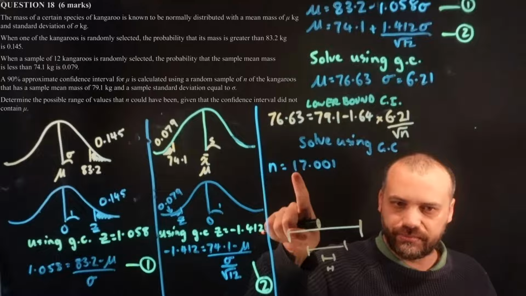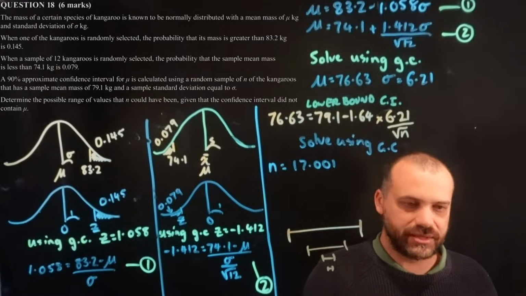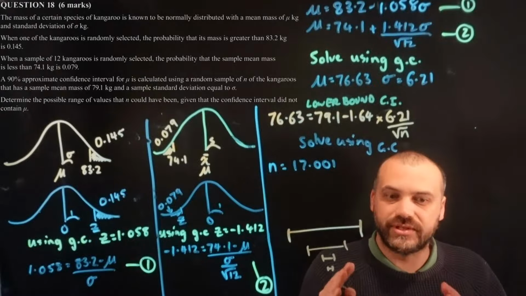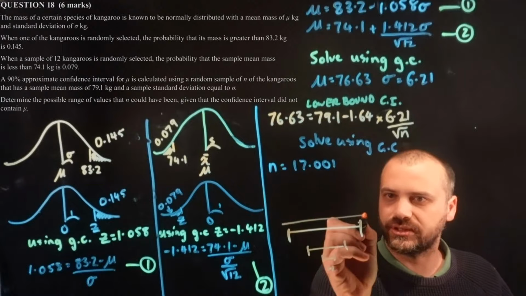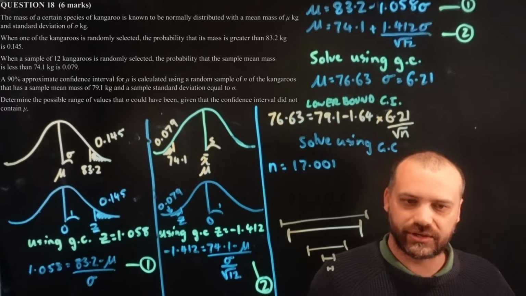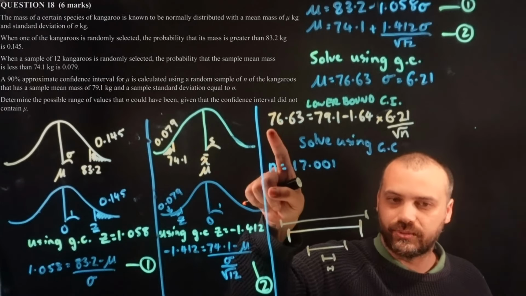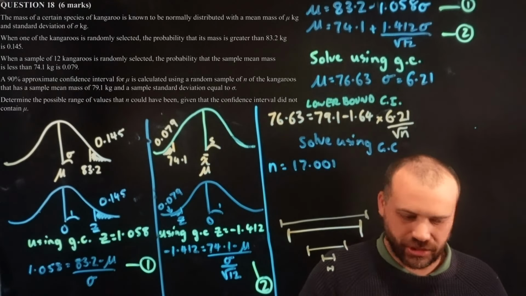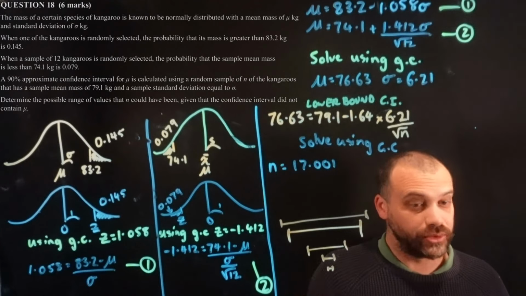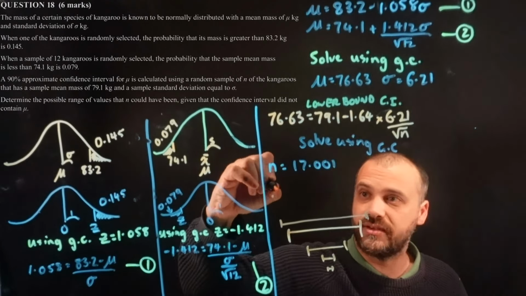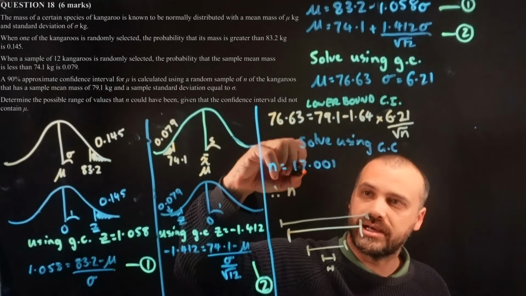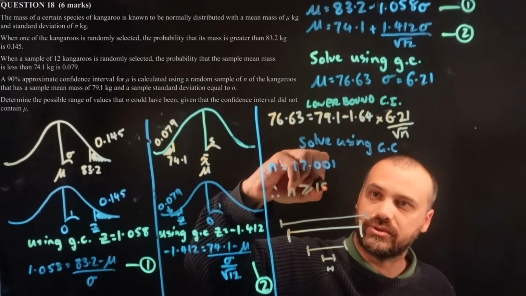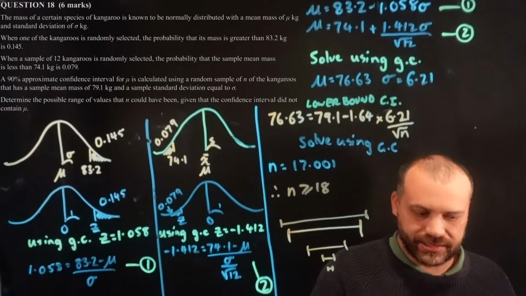So if we move this number from 17.001 to 17, our confidence interval expands. And if our confidence interval expands, it will now contain 76.63, which is what we don't want. So all of that is to say, therefore, n must be greater than or equal to 18.